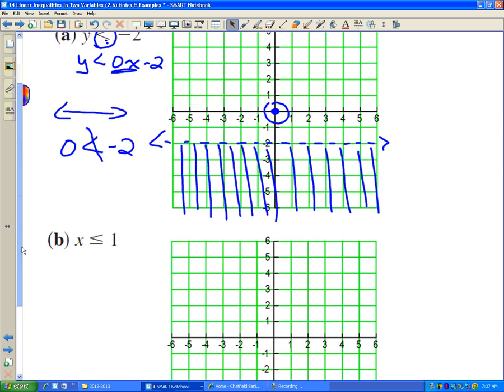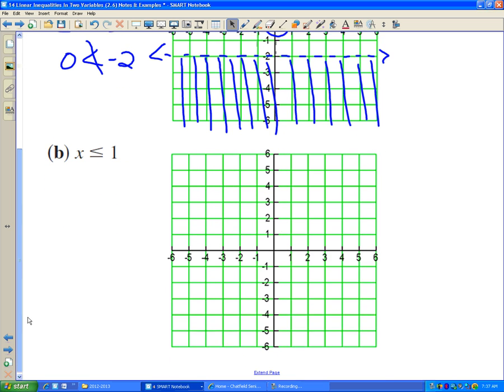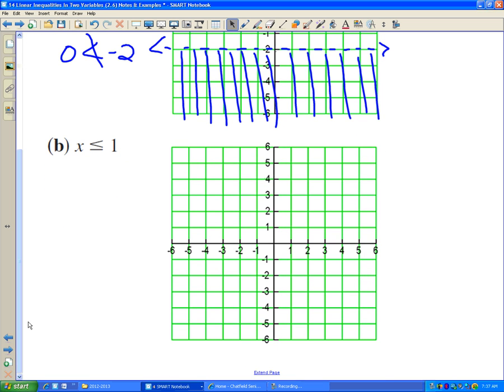Let's look at, instead of horizontal lines, vertical lines. x is less than or equal to 1. Remember, this is undefined slope. This is the only time I have an equation that's x equals, and this is going to be a vertical line.